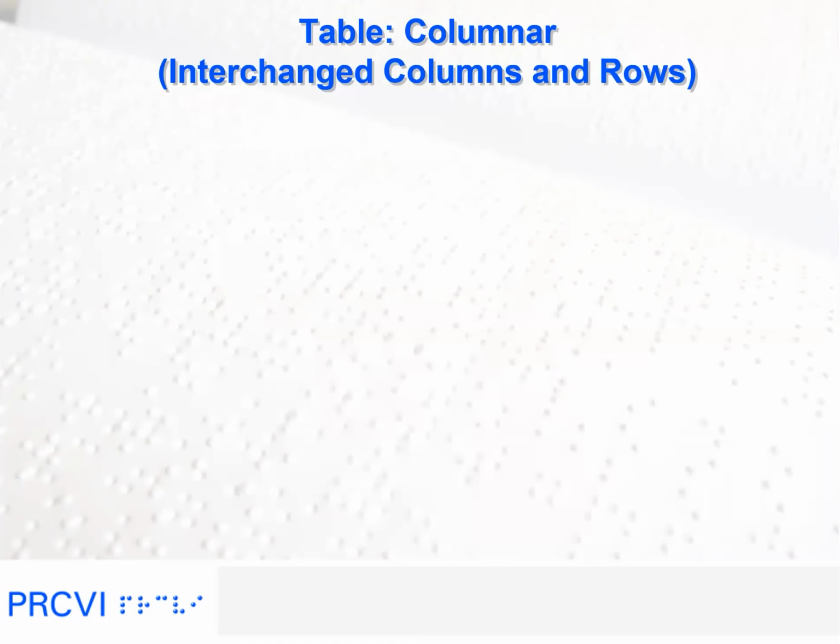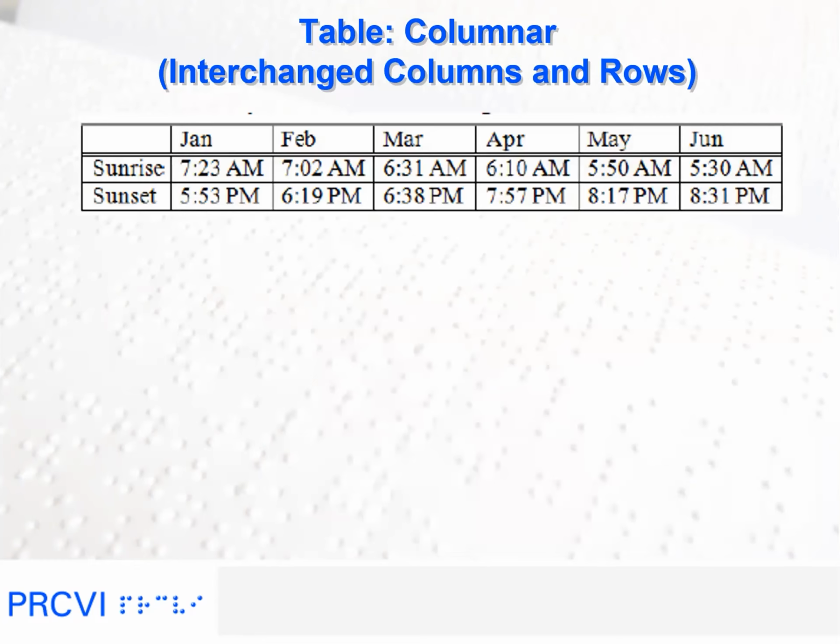Let's look at a columnar table, which requires interchanging of rows and columns of a print table. This wide print table won't fit across a 40-cell Braille line. We have to think about the best way to fit it. We can fit it on a Braille page if we interchange columns and rows of the print table.